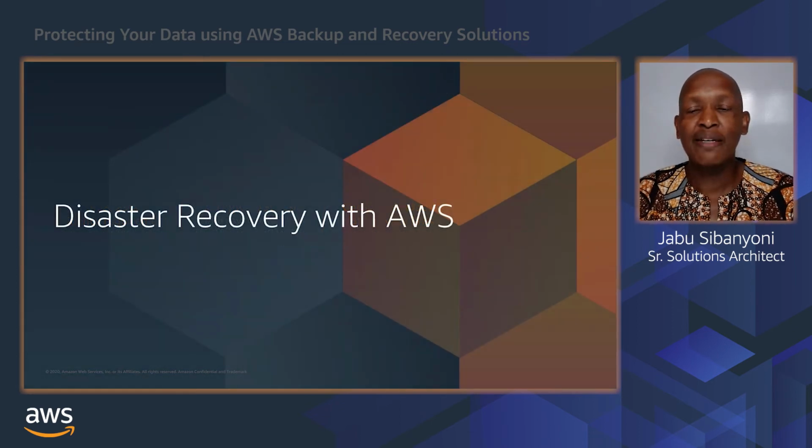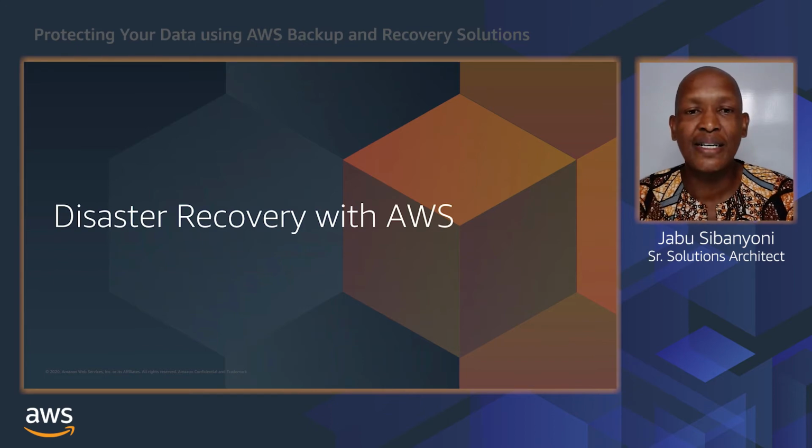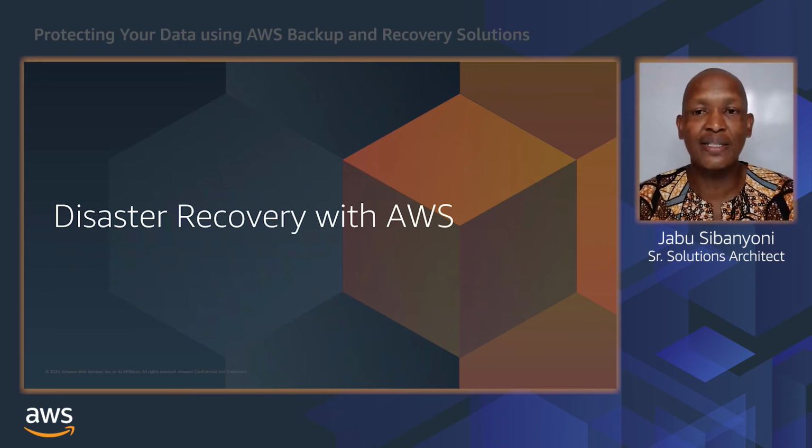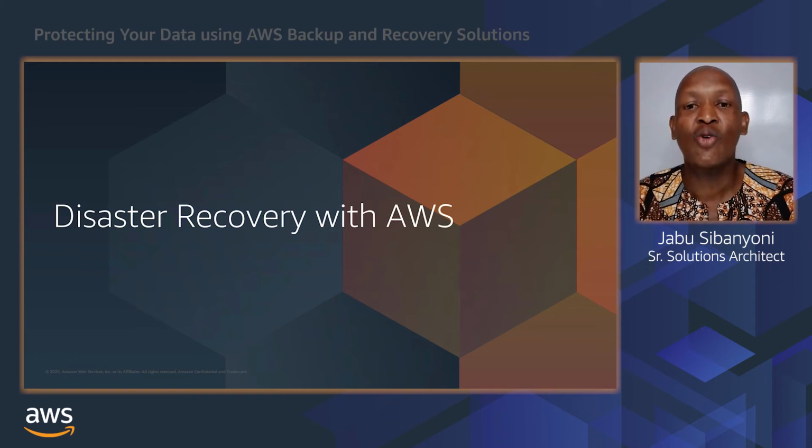Now, in the event of a disaster, you need to be able to recover your data as quickly as possible to ensure business continuity. For critical applications, keeping the time to recover and the data loss to a minimum is very critical for any business. For any organization to achieve this in an on-premises environment, it can be challenging and requires quite high capital expense.